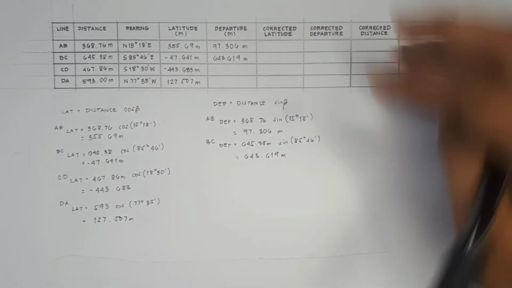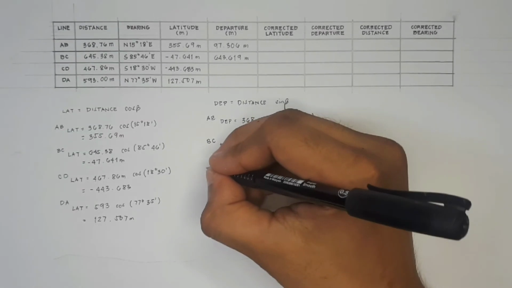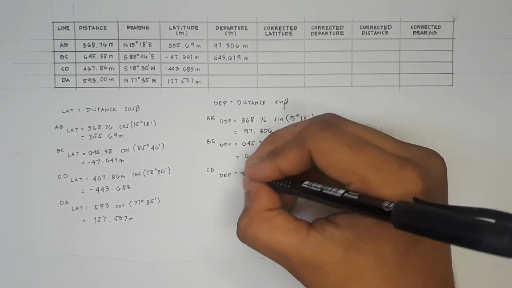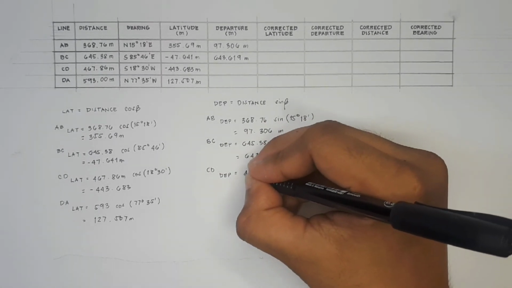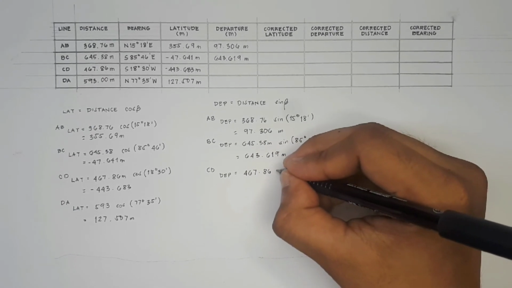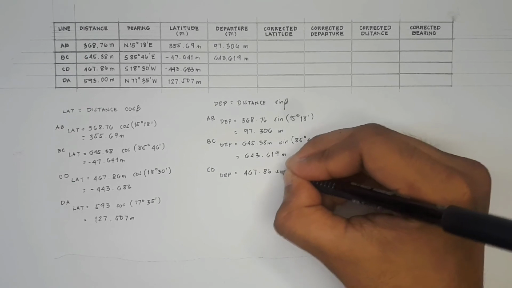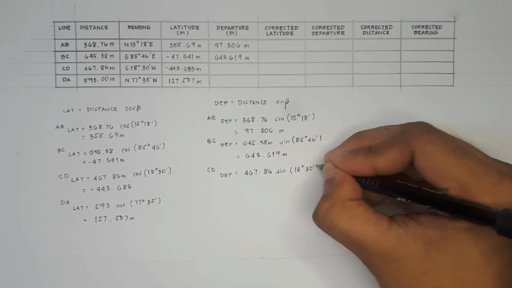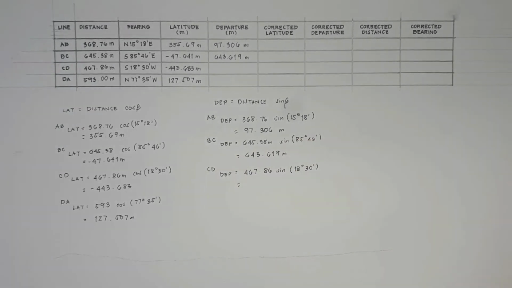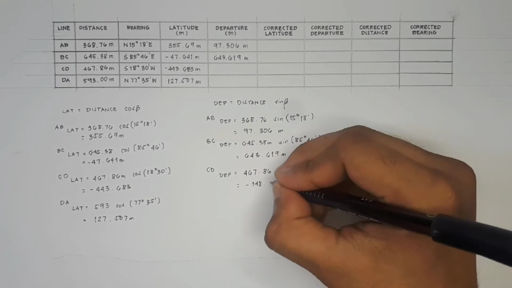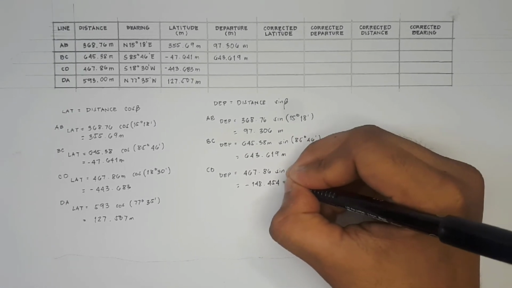For our line CD, departure is equal to the distance, which is 467.86 meters times the sine of the bearing angle, which is 18 degrees 30 minutes, and this will give us negative 148.454 meters.